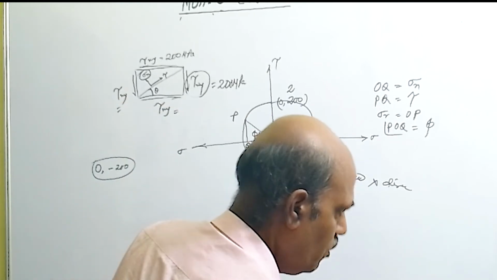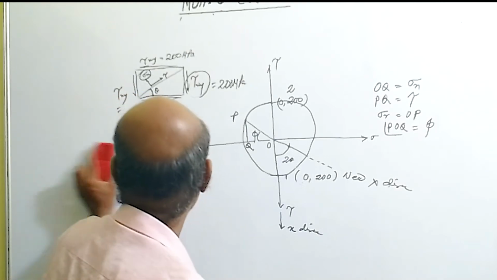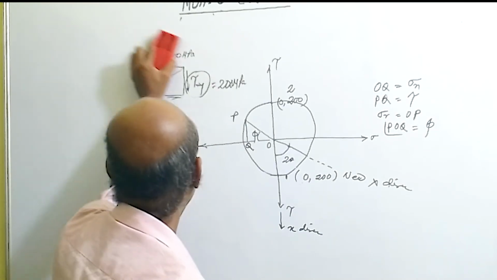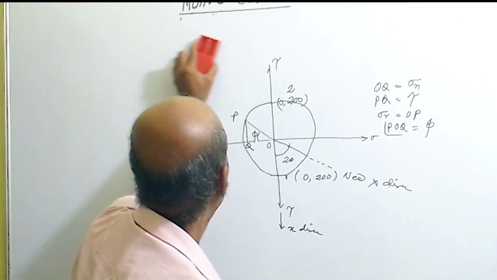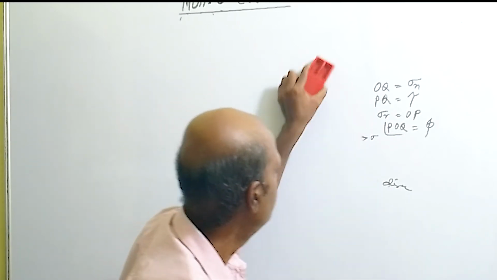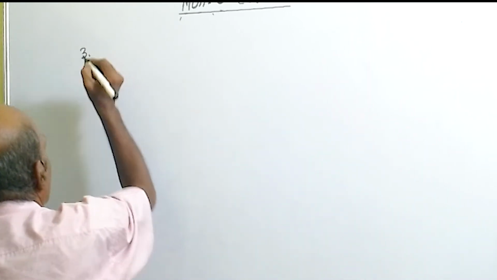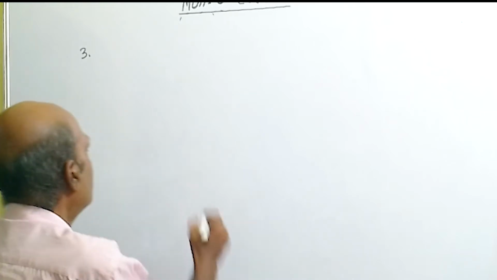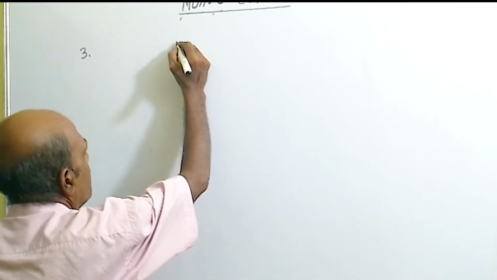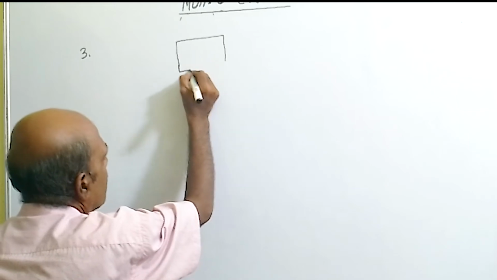Now we will see another problem, the problem number 3. All the problems are similar. This is the stressed body. Just check the body. What are the stresses acting on the body?